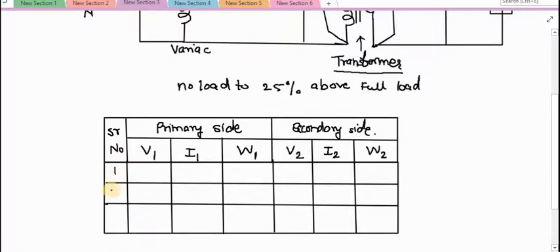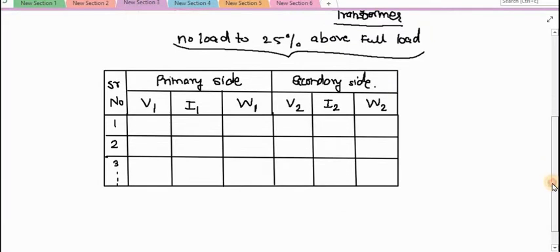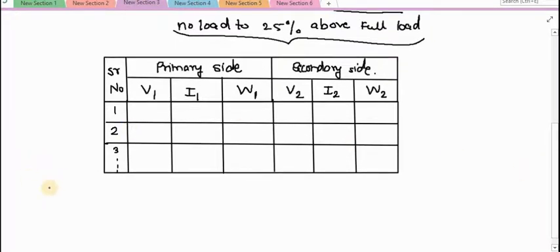So a series of readings we have to take, from no load to about 25% above the full load. After that we have to do the calculation for efficiency and the regulation.